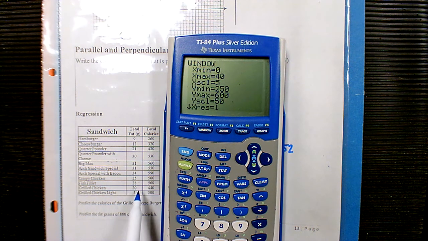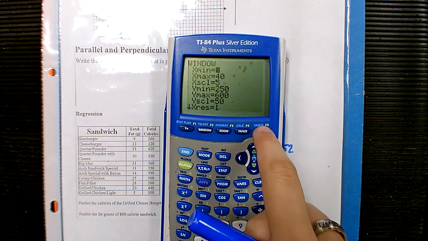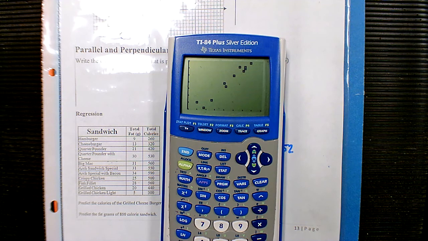And the highest x value was 34, and we went a little higher than that so we could see it. Same thing with the y's. So the data's in the table, stat plot is on, and the window looks good. Let's go ahead and hit graph. We should be able to see all those data points.